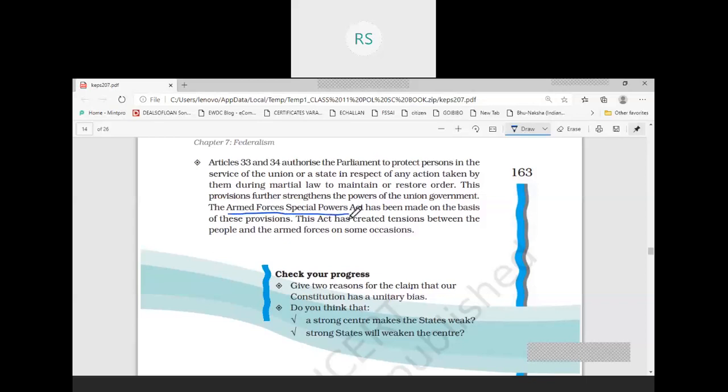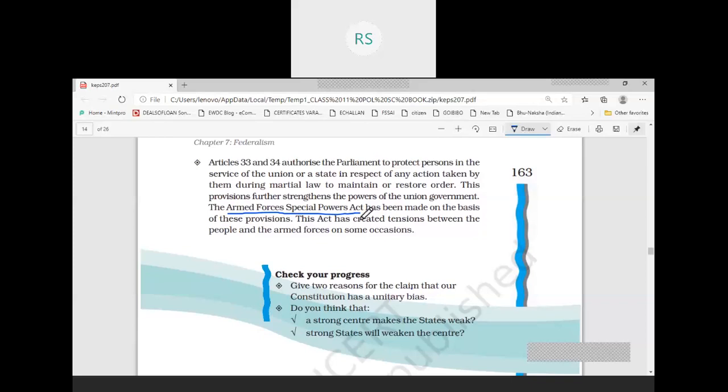This is called AFSPA. This is a very controversial act because this act gives the special power to the armed forces, and many times it has been alleged that the armed forces overuse their power, they misuse their special powers, and they target the civilians, and in many circumstances many allegations have been leveled against them.